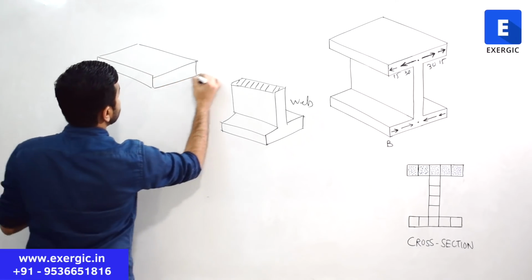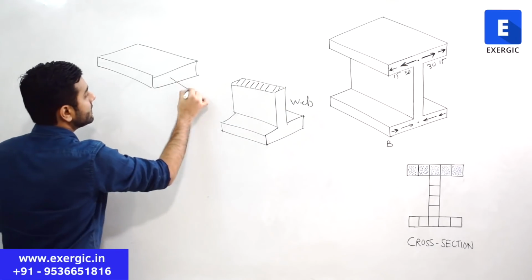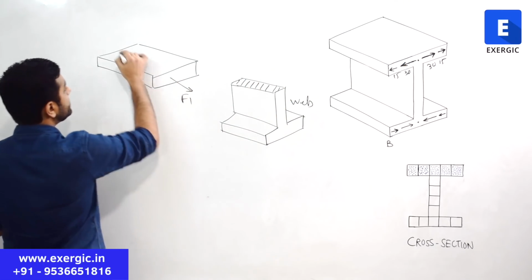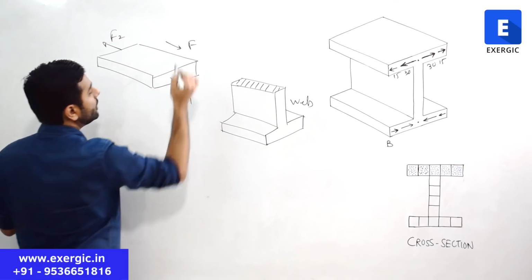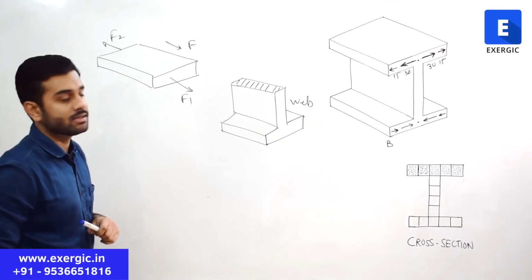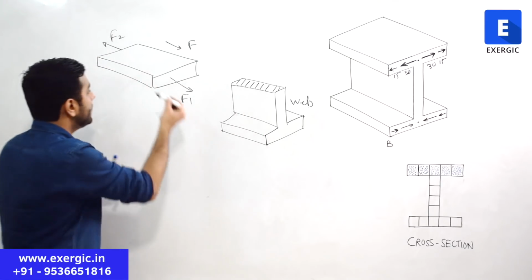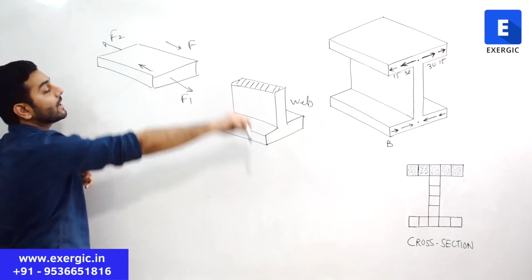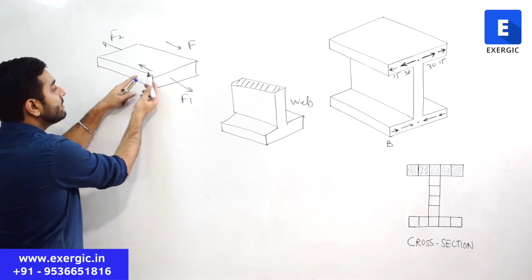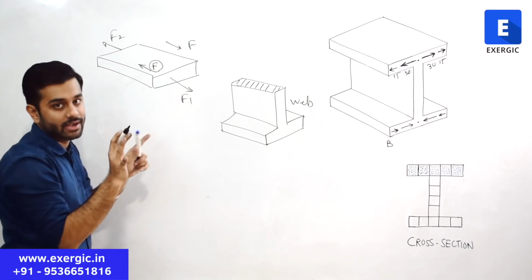So if this is the top flange, this is F1's direction, this is F2's direction, and 75 units of F is acting in this direction, so it should be given a shear force in the backward direction, right? Because this F is along F1, you need to give the shear force along F2. This is of 75 magnitude.